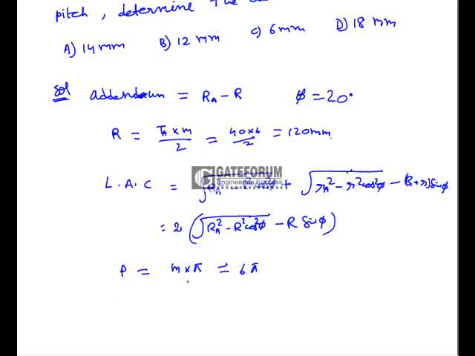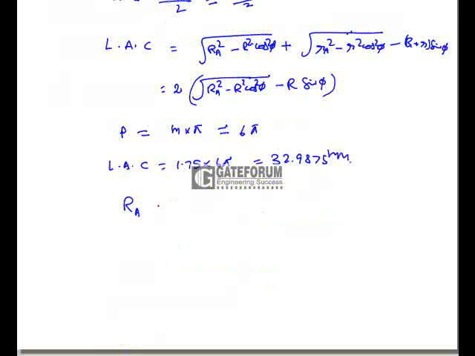But the length of arc of contact is equal to 1.75 times 6 pi, which is equal to 32.9875 mm.